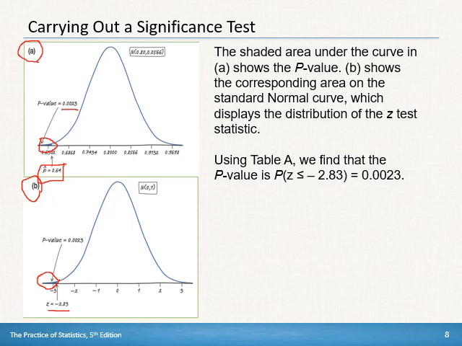So the p-value is the probability that our p hat would be as low or lower than the one we got, assuming the null hypothesis is true.